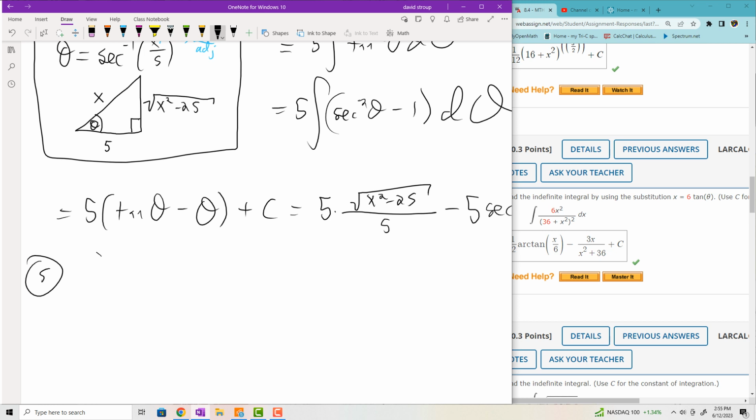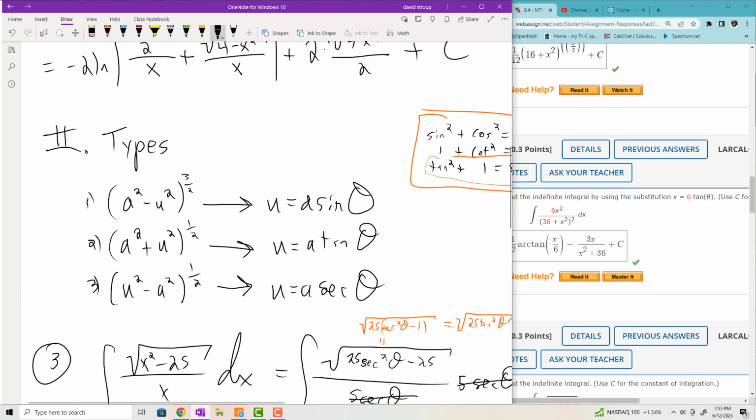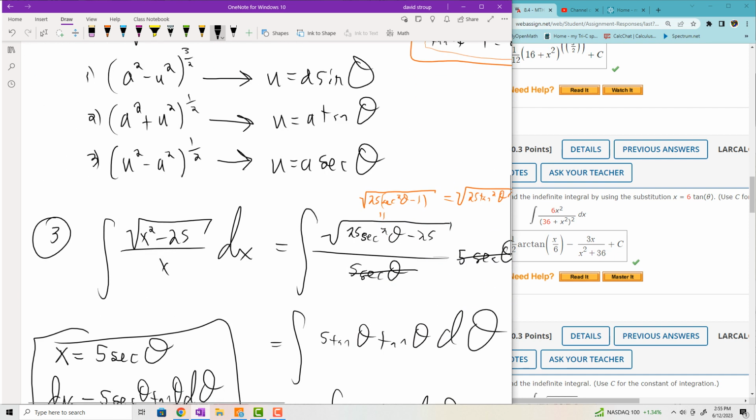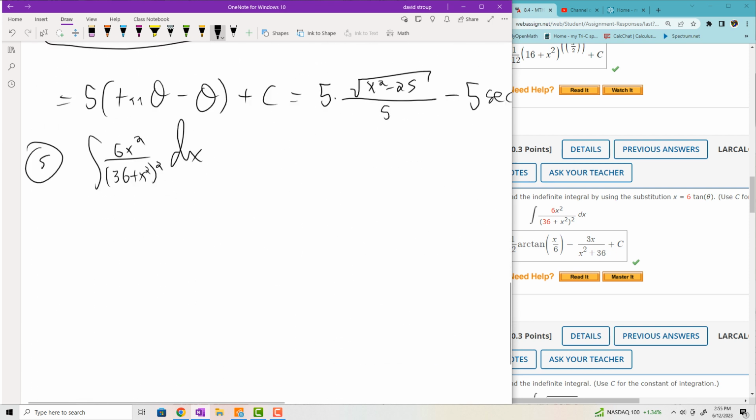You have the integral of 6x squared all over (36 plus x squared) squared, and then a dx. All right. So the form you have is the plus form. It's that equation number 2 there.